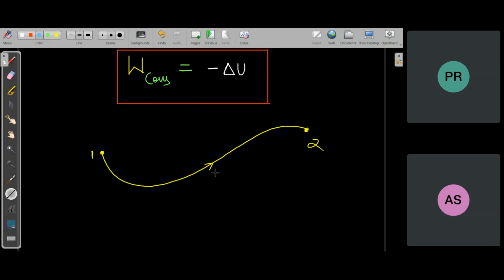Whatever work the conservative force does, exactly that is equal to the negative of the change in potential energy, so it will be U2, or U final, minus U initial. From here you also understood that whenever a conservative force does some work, it will decrease the potential energy of the system. That's why the negative sign is there.